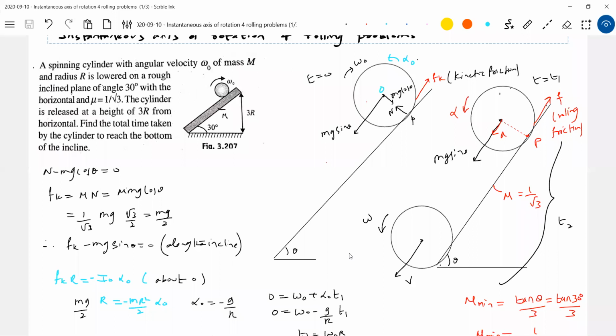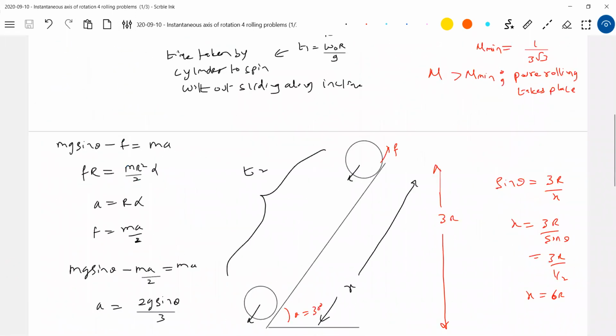If the body is at rest, static friction should be equal to mg sin theta. Here, the kinetic friction is becoming equal to mg sin theta. I should not call this static, because slipping occurs. It's kinetic. Okay, after this, now we'll go back to a few more.